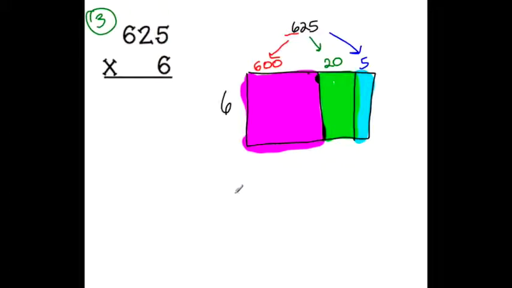Okay, so either way, let's see. This says 6 times 600. So my equation would start off with 6 times 600. Parentheses show it's a box or a group. This says 6 times 20. My last one says what? 6 times 5.